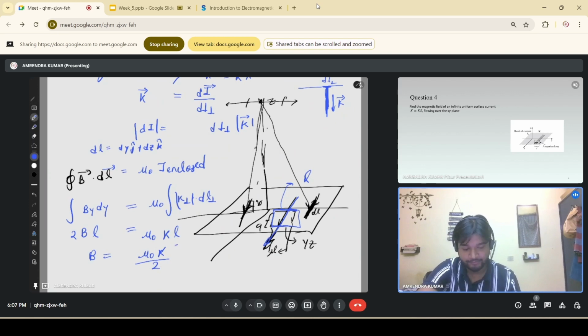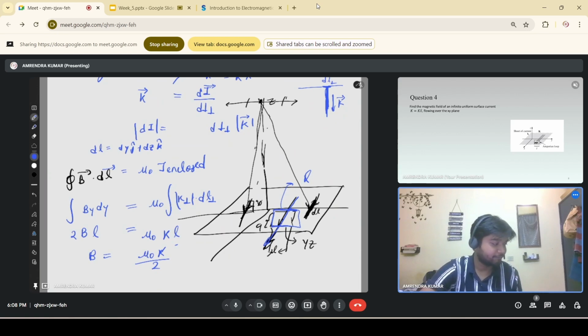And the direction of this will be, okay, so we have this current loop, and we want to know what the direction is. Just place your hand like this on the current surface, and you will get the direction. The direction will be on the plane, but it will be going in and then coming out.